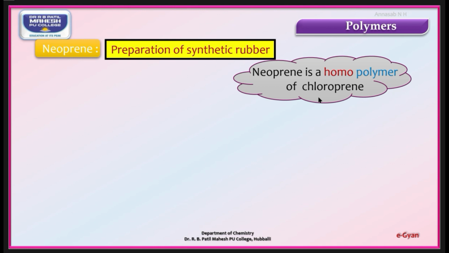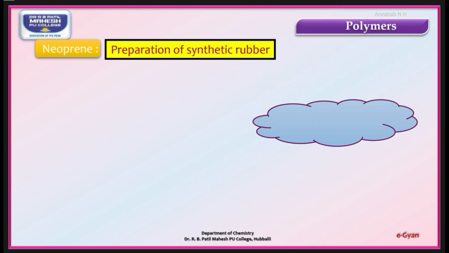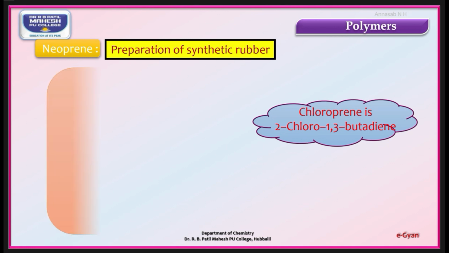Chloroprene is 2-chloro-1,3-butadiene. Structure of chloroprene: it is 2-chloro-1,3-butadiene. There are a total of 4 carbon atoms. There are 2 double bonds between carbons 1, 2 and 3, 4, and the second carbon atom contains a Cl group. Let us learn the preparation.